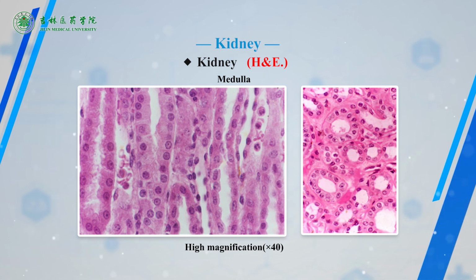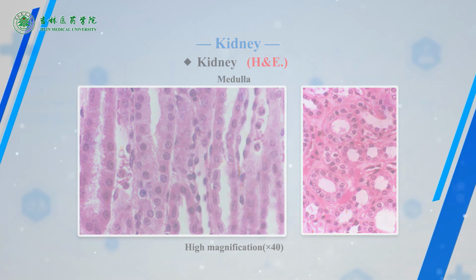It's thicker in diameter with centrally placed nuclei. The cell boundaries are distinct. As the tubule goes toward the papilla, the diameter of the tubule becomes larger and larger, and the height of the lining epithelial cells also increases.